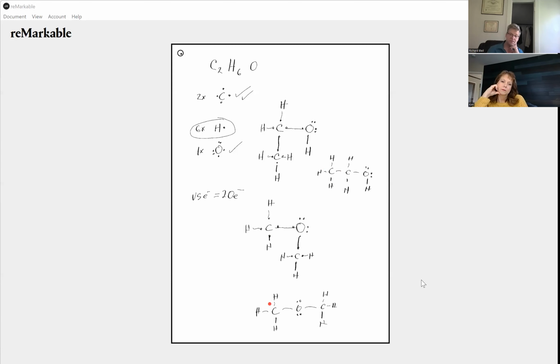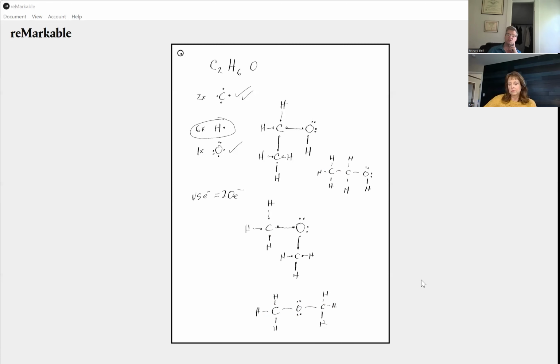On the bottom, we have 2, 4, 6, 8 electrons around this carbon. Need to erase that little dot because that means an electron. This is symmetrical, so this will also have 2, 4, 6, 8 electrons. So the octet rule is satisfied in both. So which one is wrong?